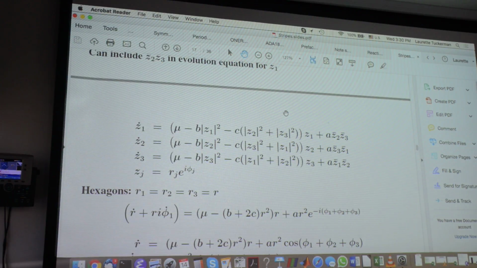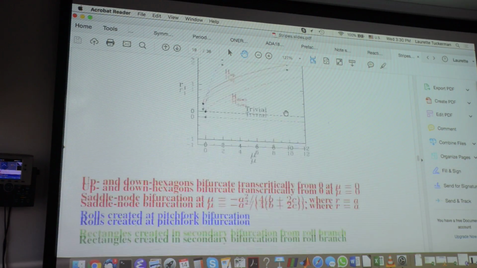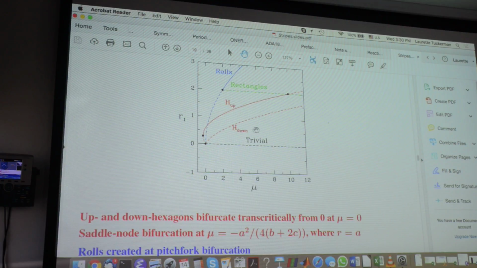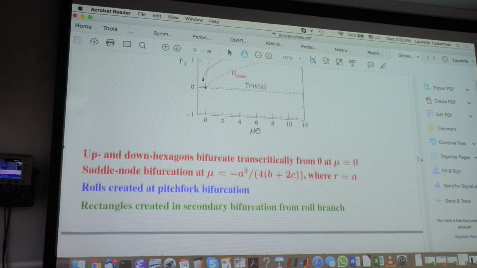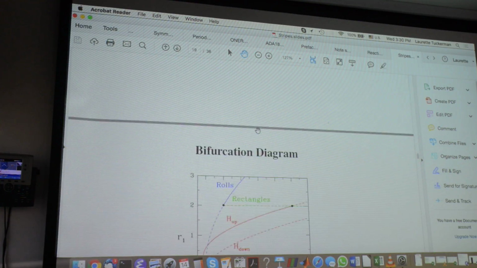One of them is rolls. So 3 of them are rolls, or 6, more than that. Each one is a circle pitchfork, so 3 infinities worth of rolls in 3 different directions. We have 2 kinds of hexagons, the up and down hexagons, and then we have a situation we did not look at.